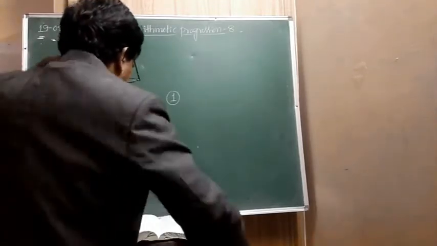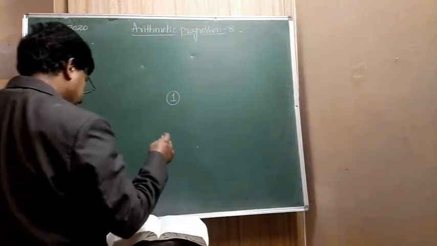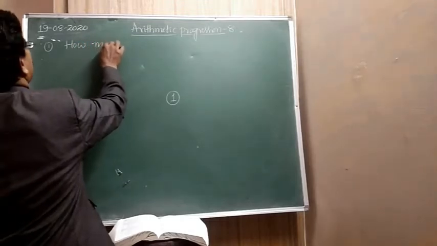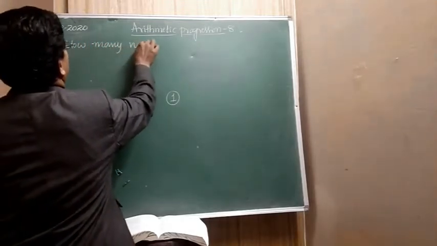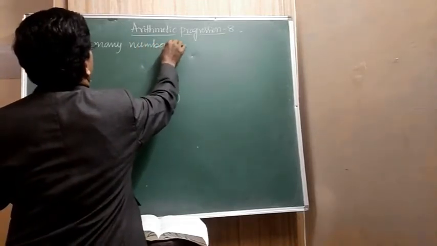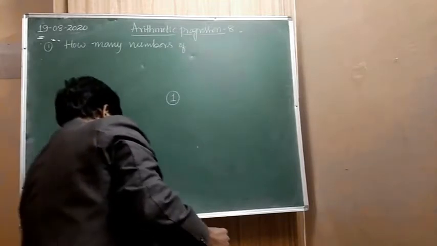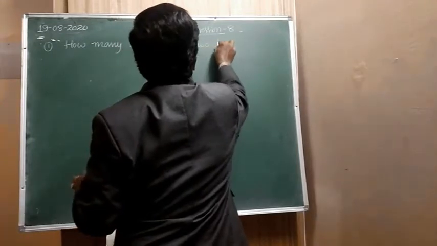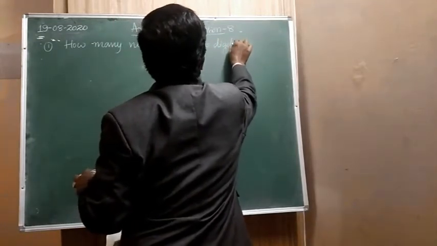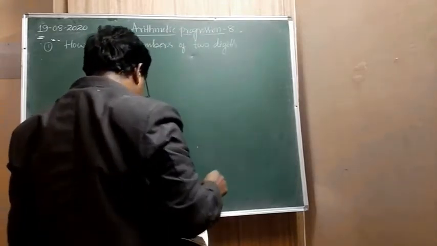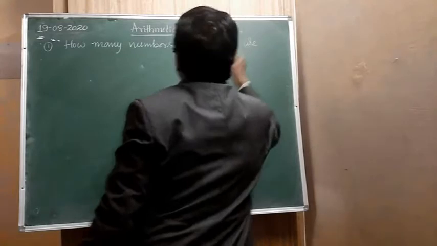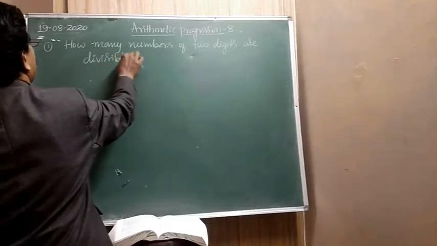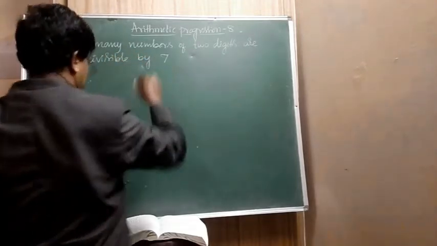In that, first one: how many numbers of 2 digits are divisible by 7?